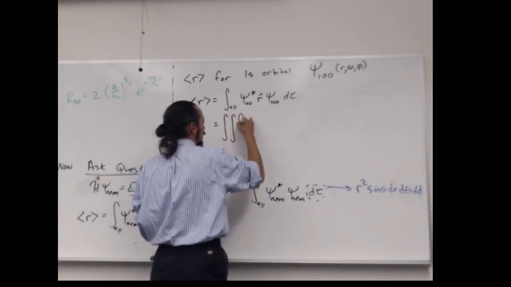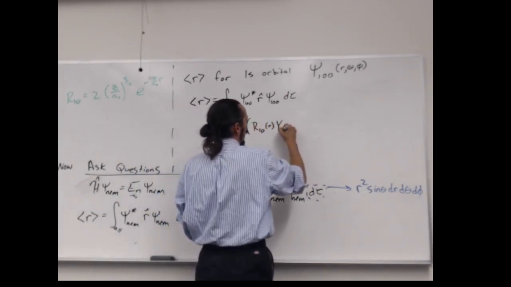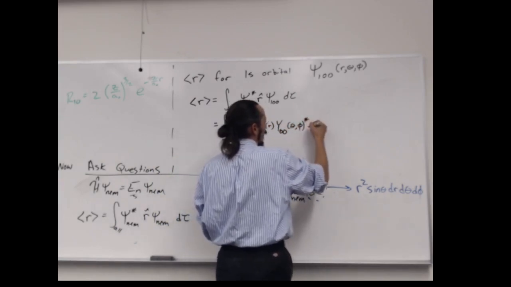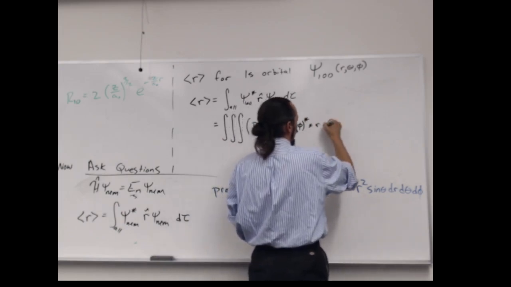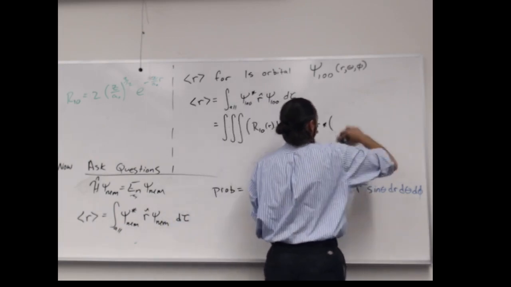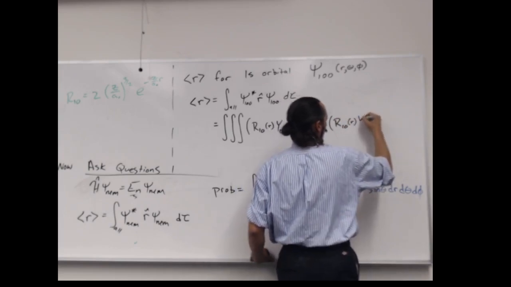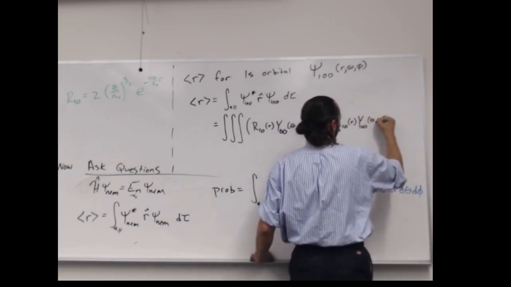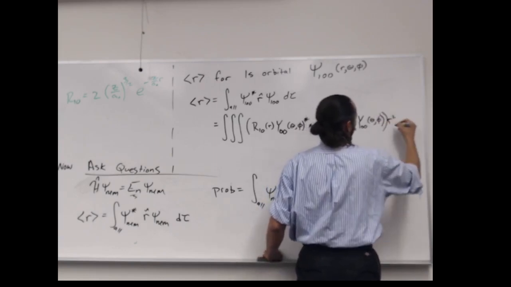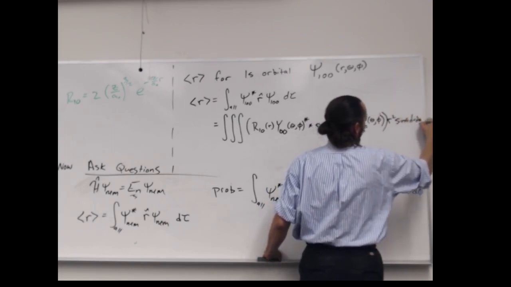Triple integral of R10(r) Y00(theta, phi) star times r times R10(r) Y00(theta, phi) r squared sine theta dr d theta d phi.